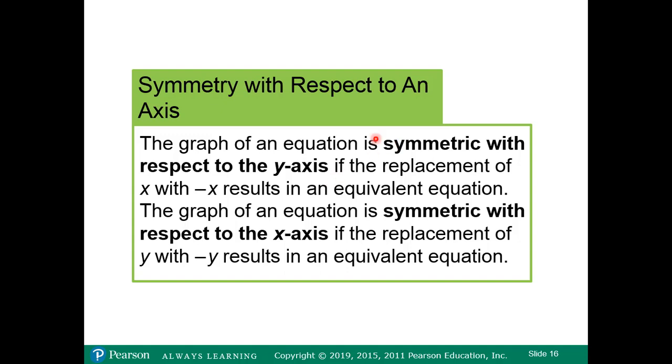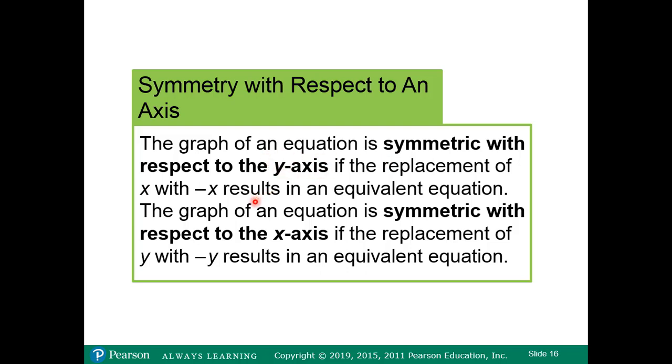A graph of an equation is symmetric with respect to the y-axis if replacement of x with the opposite of x gives you the exact same function. So if you take f of x and replace x with negative x and simplify it algebraically and you get the exact same function back, it's symmetric with respect to the y-axis.